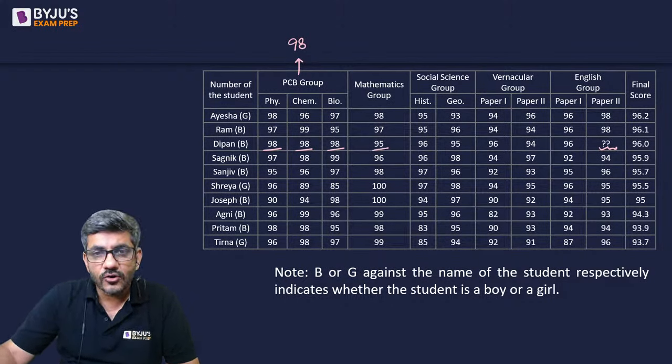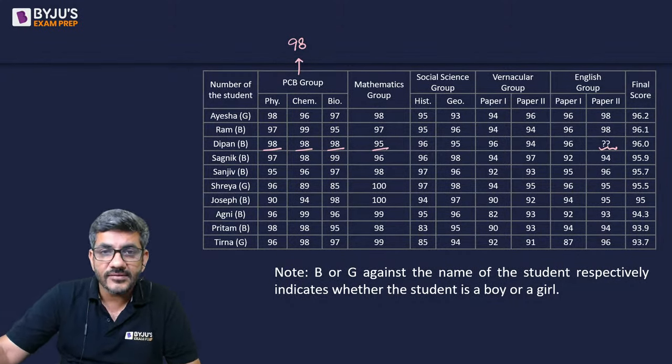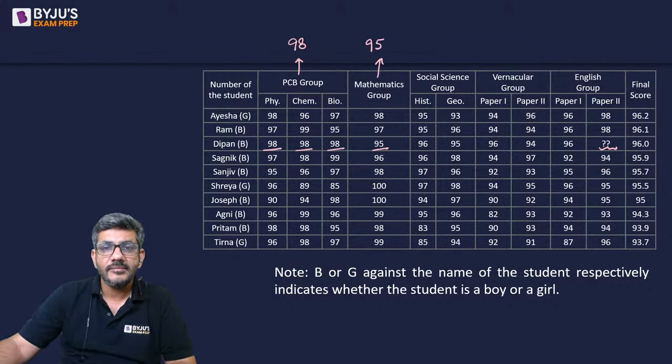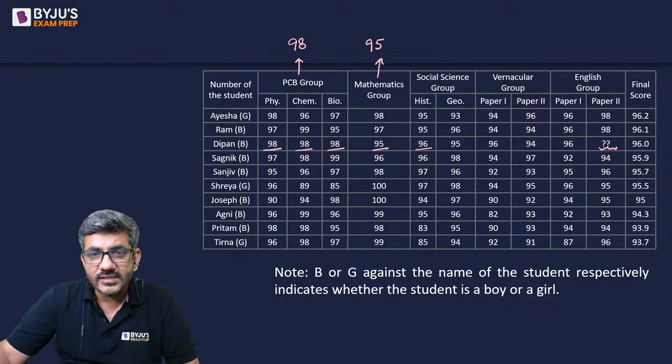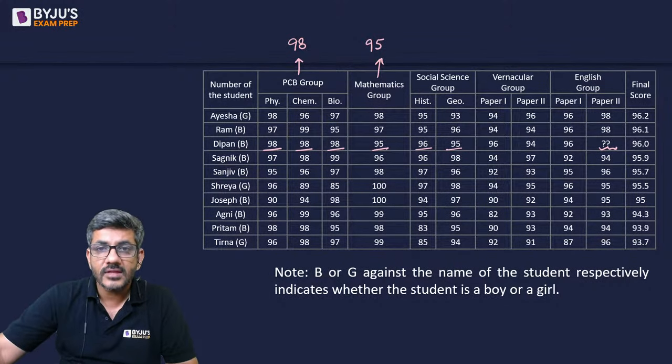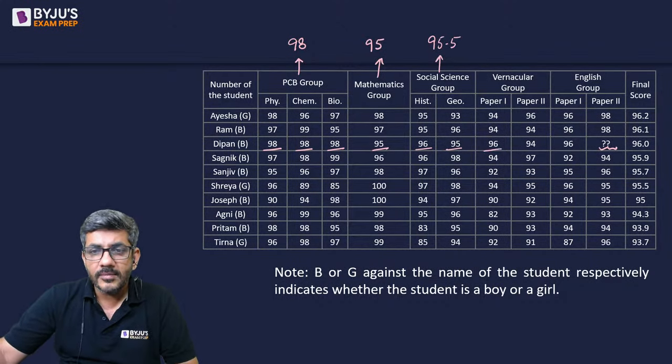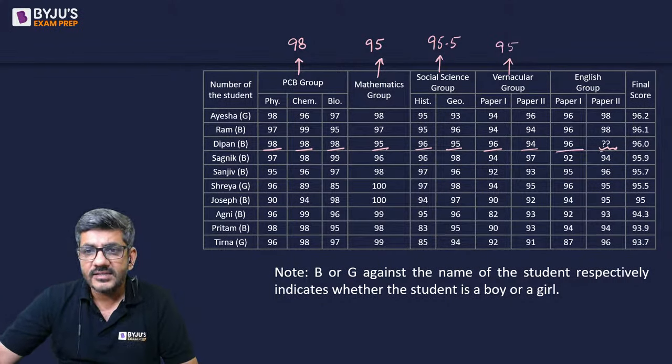In the mathematics group, there is only one subject and his score there is 95. So the group score of mathematics is 95. In social science, his scores are 96 and 95. So the average of 96 and 95 is 95.5. In the vernacular group, 96 and 94 are the scores. Their average is 95. And finally, in English, 96 and question mark.